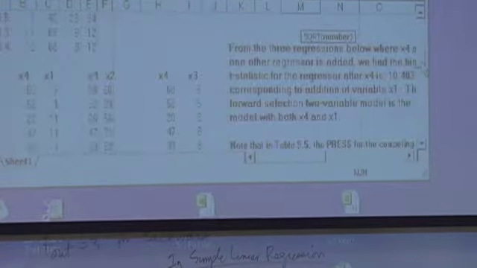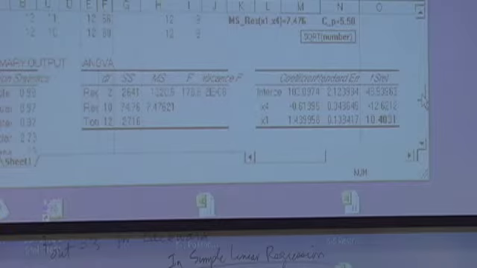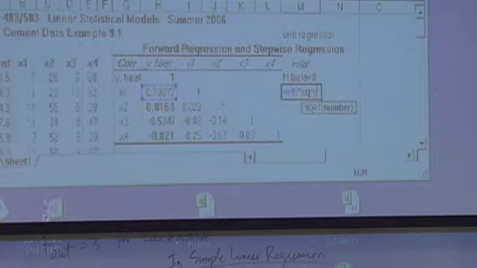In Hald? No. Not in the Hald cement data. We're in the Hald cement data. There's only 12 in this one. Okay, so this is a different data set. This is example 9-1. Oh. Square root 10 then, because it's 12 minus 2, which is 10, divided by square root 1 minus the number squared.